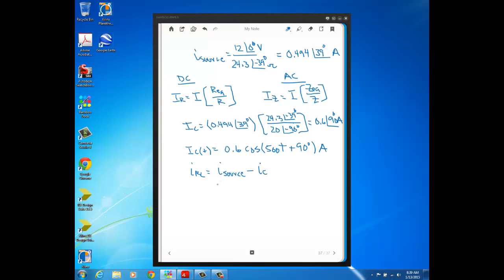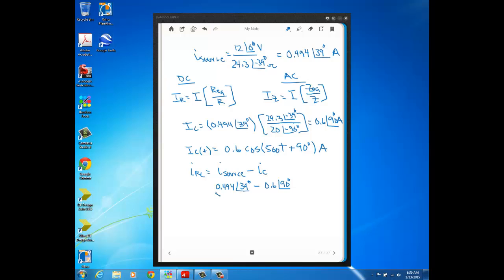So you see this is going to be 0.494 at 39 degrees minus 0.6 at 90 degrees.